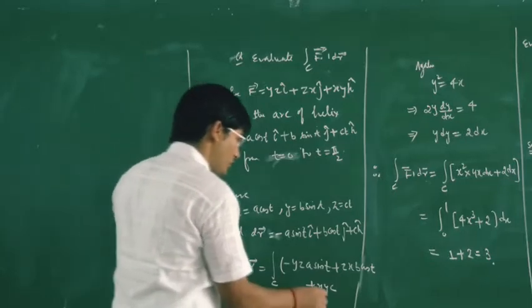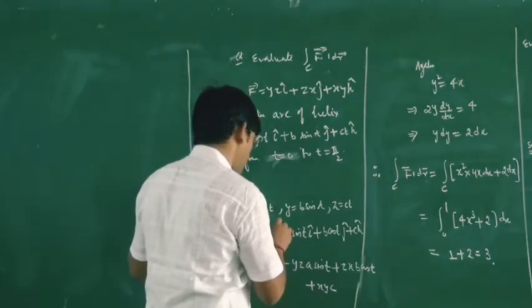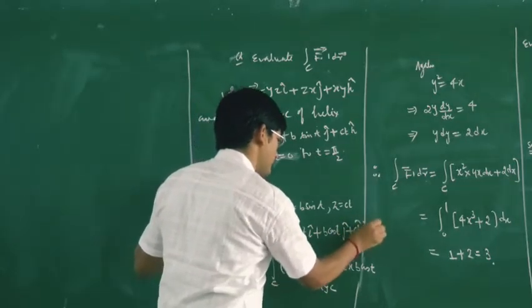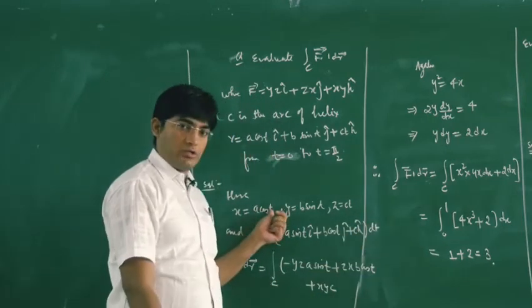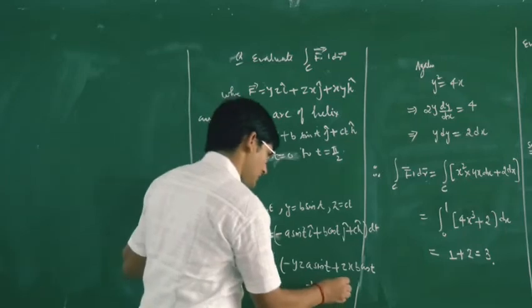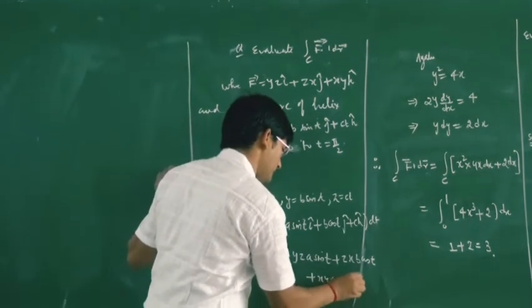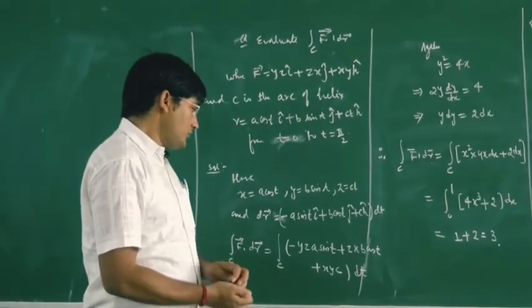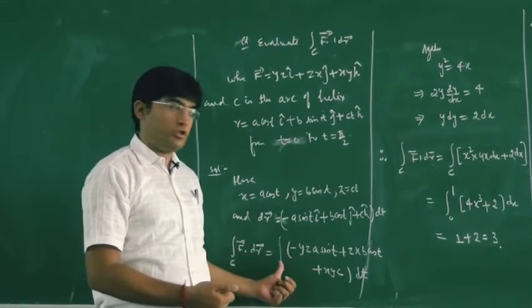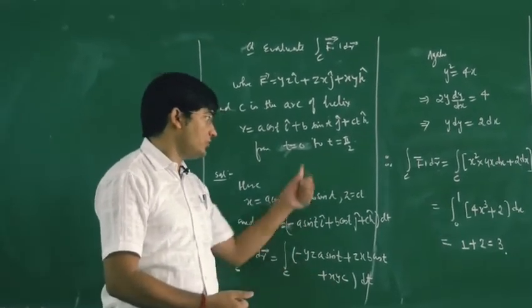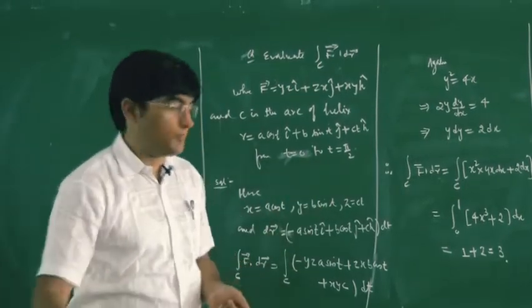Here we will have dt outside because we are differentiating with respect to t. Now let us put the values of x, y, z here and then integrate with respect to t from t equal to 0 to t equal to pi by 2.